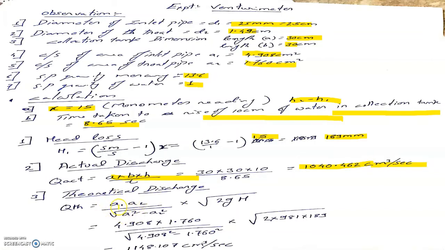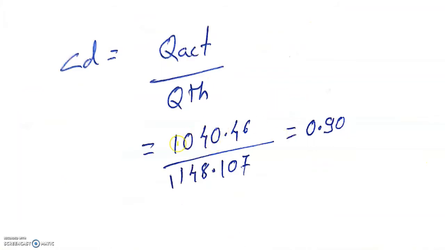Then I need to find the Q theoretical, because CD equals Q actual by Q theoretical. Using A1 into A2 divided by the square root of A1 square minus A2 square, into 2GH, I found the Q theoretical. Taking Q actual by Q theoretical, I got a CD value around 0.90.